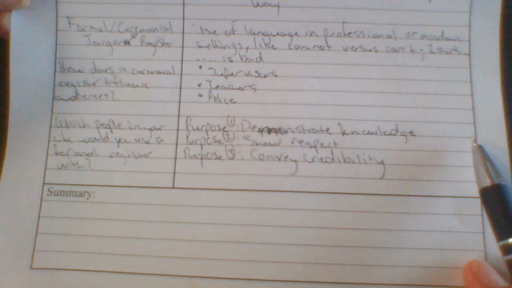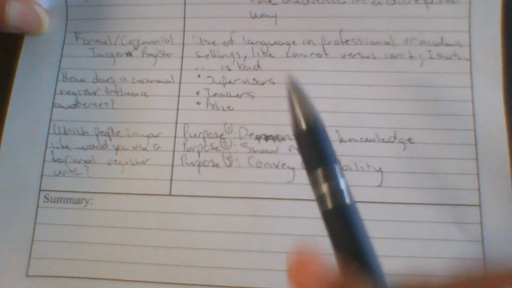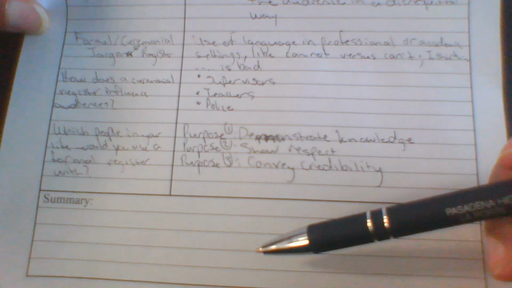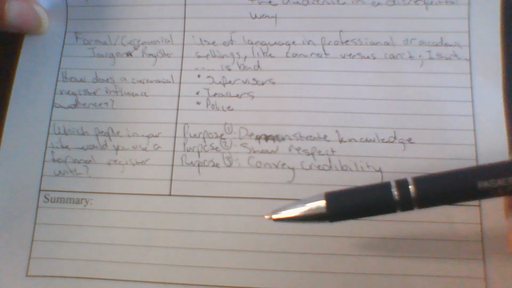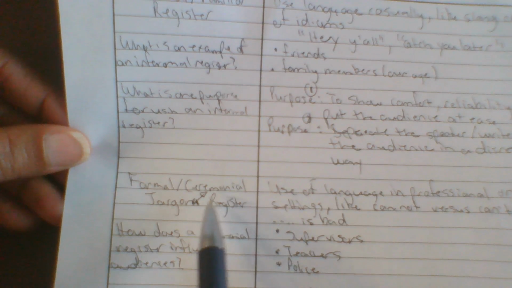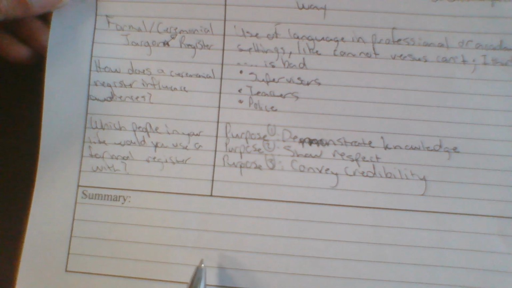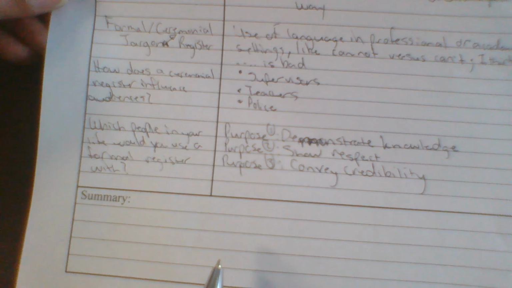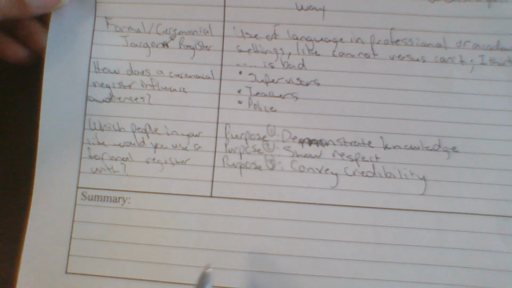Remember, a summary incorporates information from the beginning, the middle, and the end. And it only highlights the main ideas. So we were narrowing down this information. We have lots of information related to informal, formal registers, formal ceremonial registers, or jargon. What would be the best summary for registers of language as it pertains to considering our audience?